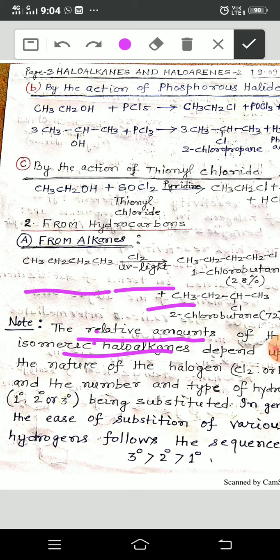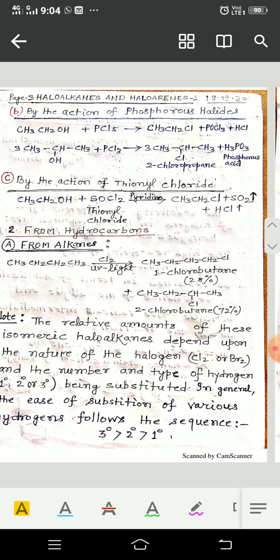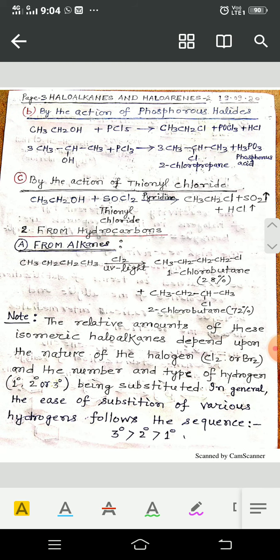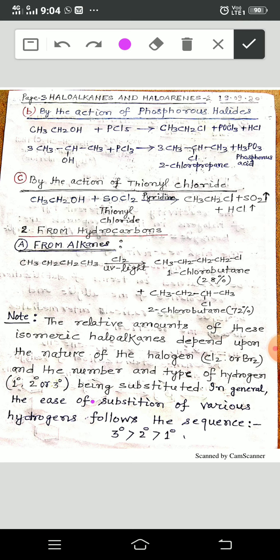That's why a mixture of haloalkanes is obtained. The nature of the halogen and the number and type of hydrogen being substituted depend upon this fact. In general, the ease of substitution of various hydrogens follows the sequence third degree to second degree to first degree.